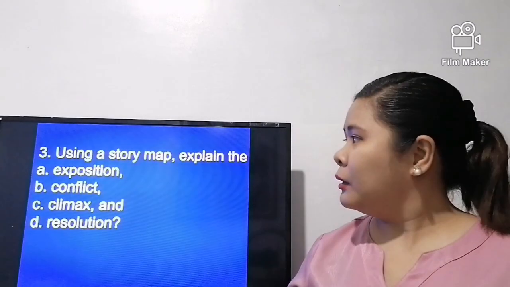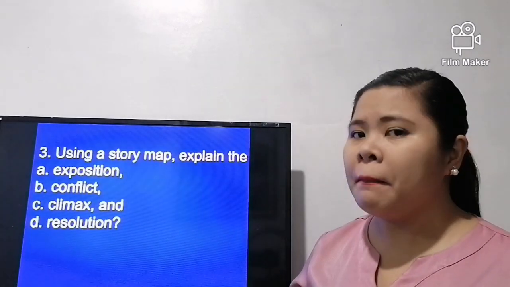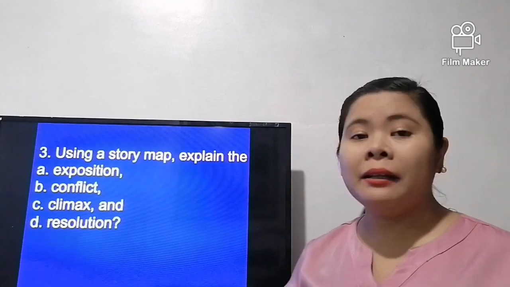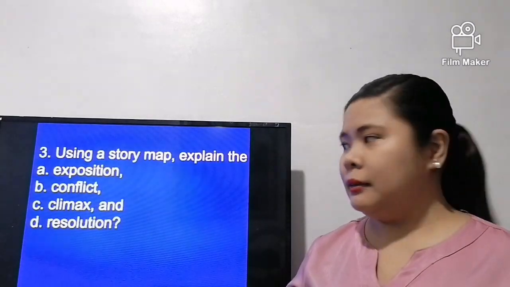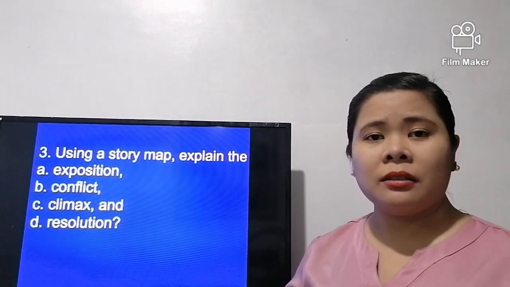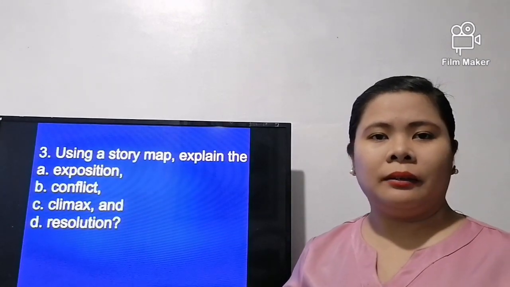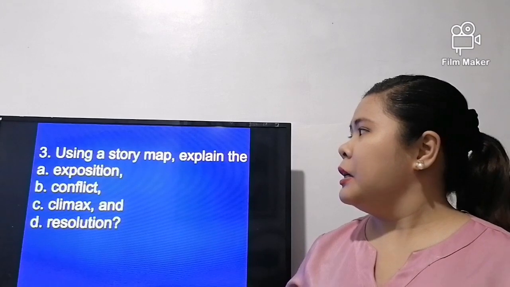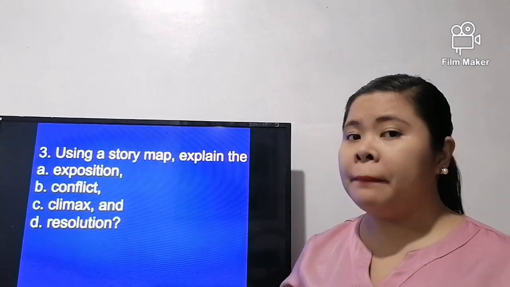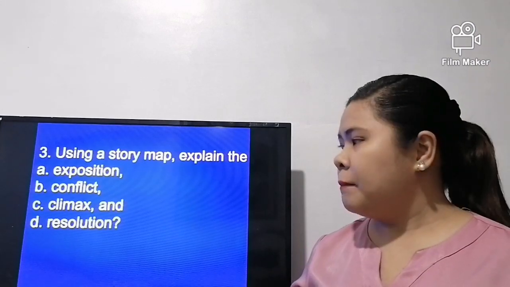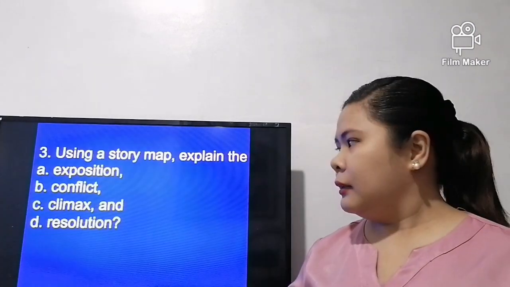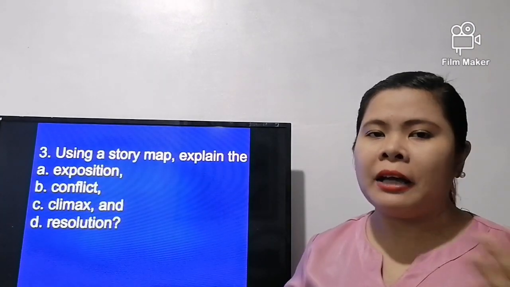Third question, using a story map, explain the exposition, conflict, climax, and resolution. I will repeat. Using a story map, explain the exposition, conflict, climax, and resolution.